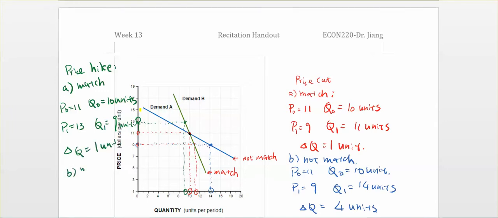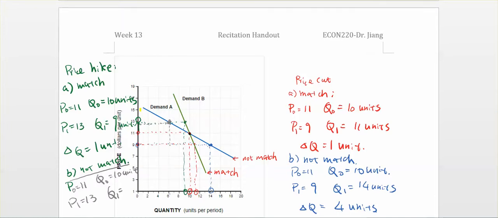Look at the second scenario, not matching. Now we will look at the blue curve. The initial price is still $11 and the initial demand is still 10 units. When the price increases to $13, we find the intersection of the $13 horizontal line with the blue line, and we find this point.